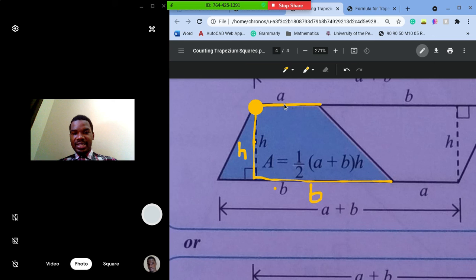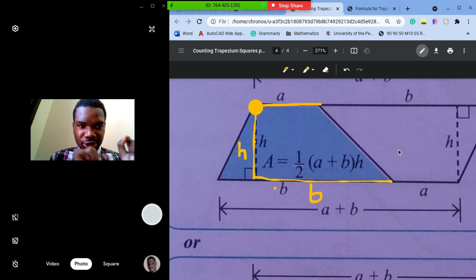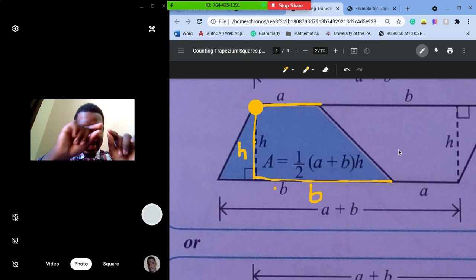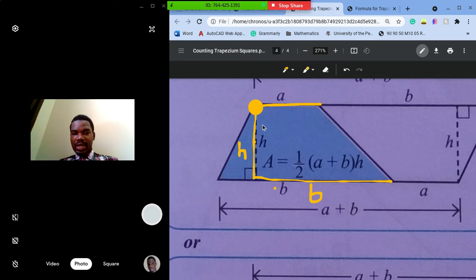Because we have a distance that goes across, we must add this in the formula. That's why we have a plus b. So it's basically the same formula as a triangle, but because we have a distance that goes across, we add that to the base, and then we multiply that by the height.